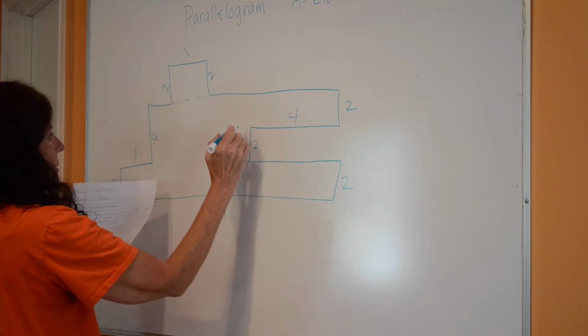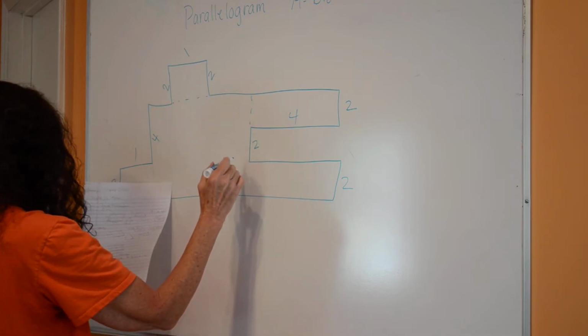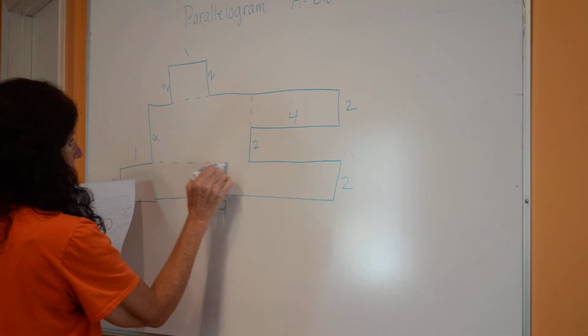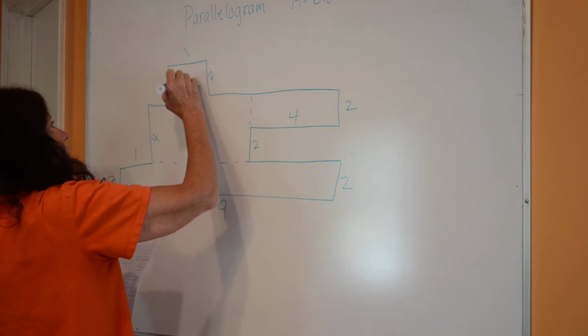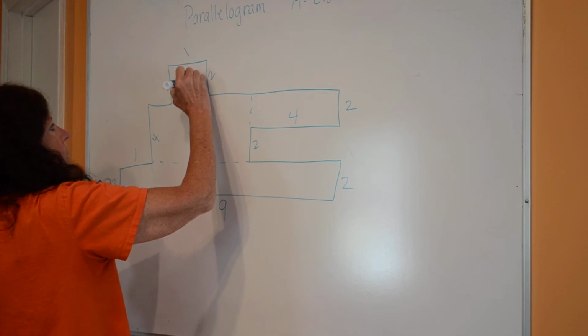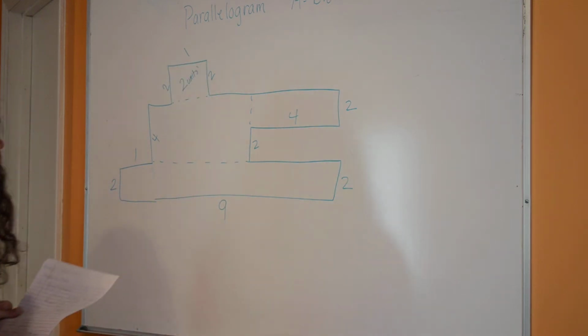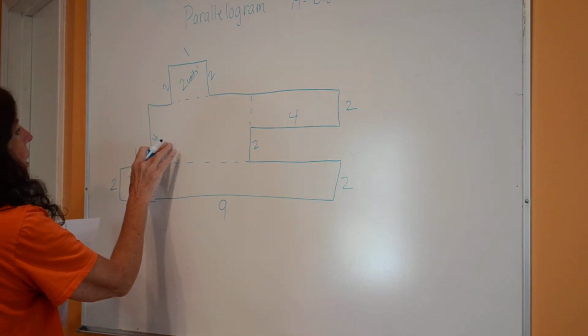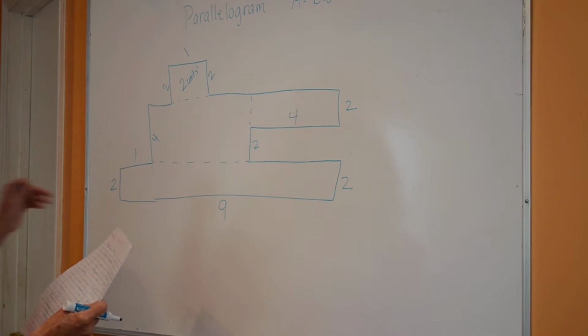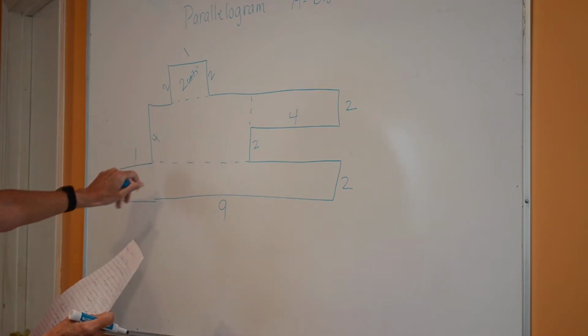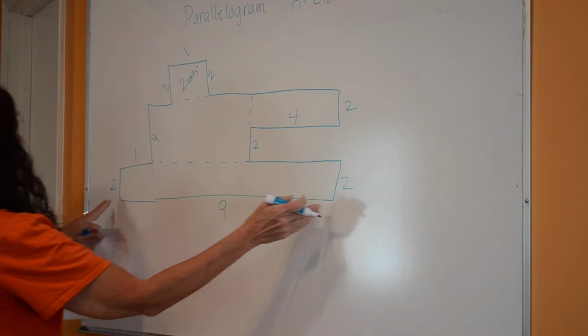I would go ahead and do some lines there, and I would find these things individually. Okay, 1 times 2, that's going to give me 2 units squared right there. This one is going to be a 4, and I'd have to figure out what the dimensions across there are. So I've got 9 here.